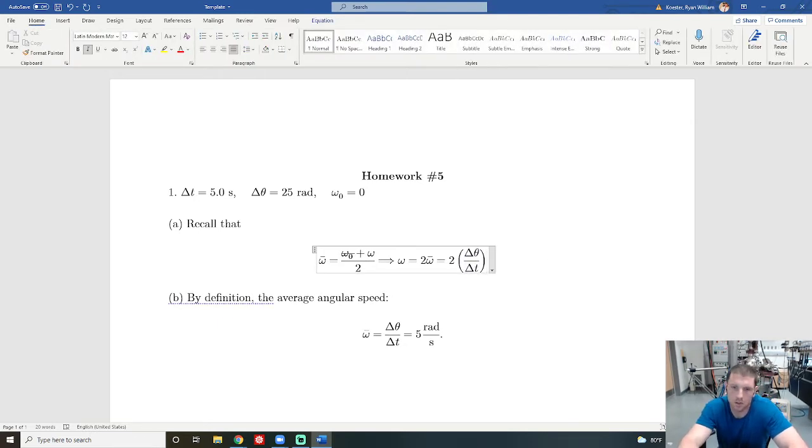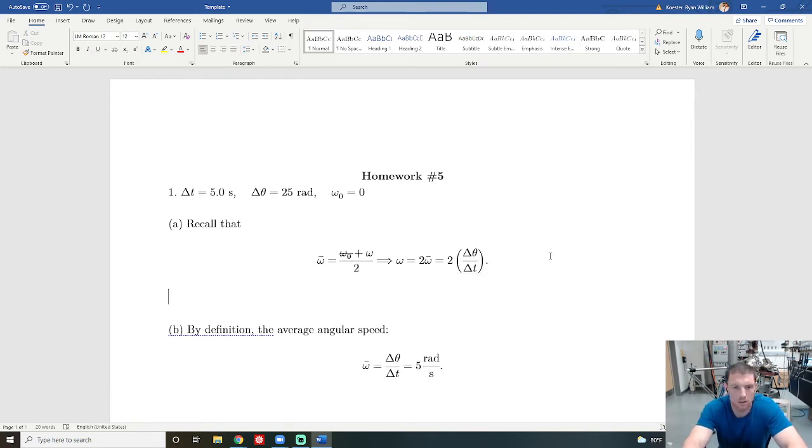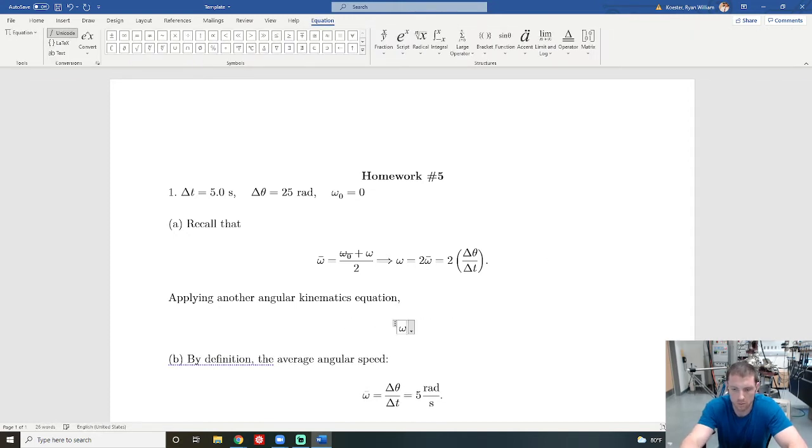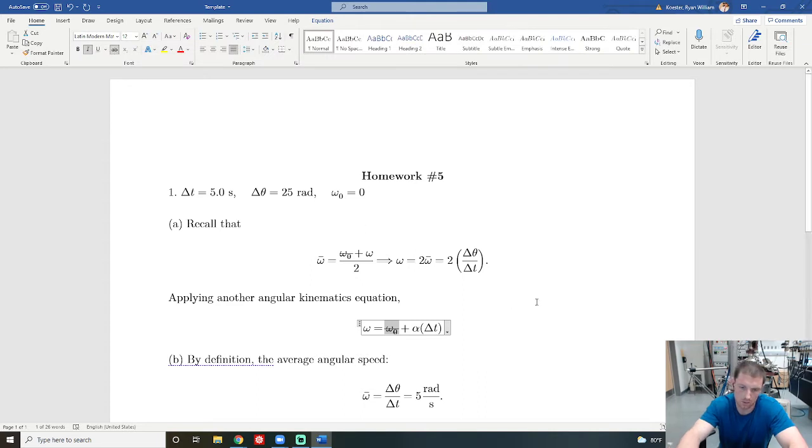Okay, so then we can apply another equation, right? Remember, one of our equations was that omega equals omega initial plus alpha delta t. And this omega naught is the same as the other one, so this is also 0, right?